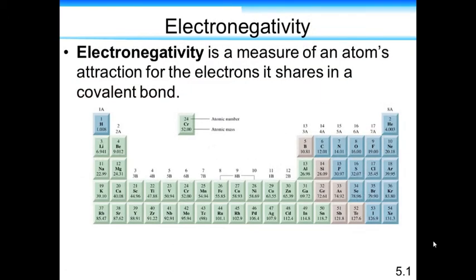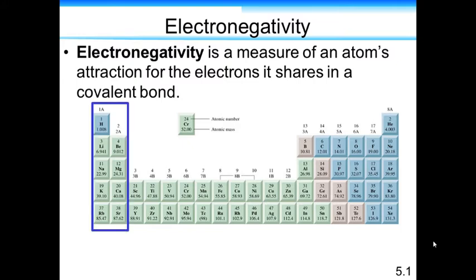Electronegativity is an innate quality for an atom to draw electrons to itself. Part of that quality is determined by the number of protons in the element. It's also going to be determined by how many electrons the element has and how far away those electrons are from the nucleus.